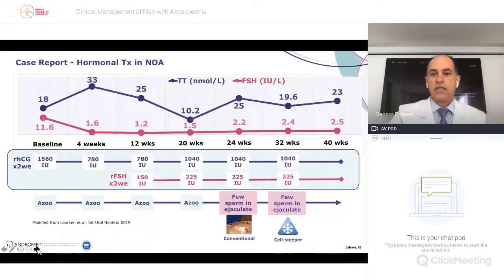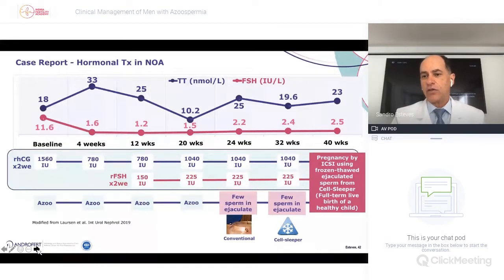In this case, the patient had a successful pregnancy by ICSI using frozen-thawed ejaculated sperm from the cell sleeper. We reported this case because they reached a full-term live birth of a healthy baby boy with hormonal stimulation of spermatogenesis in a patient with non-obstructive azoospermia due to cryptorchidism, in which we were able to restore spermatogenesis to a point where sperm retrieval was not necessary.